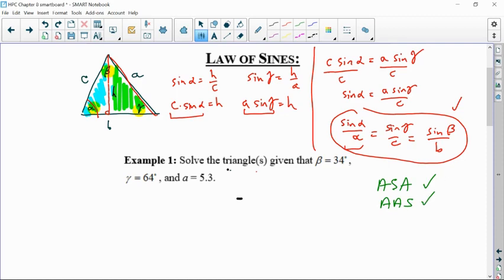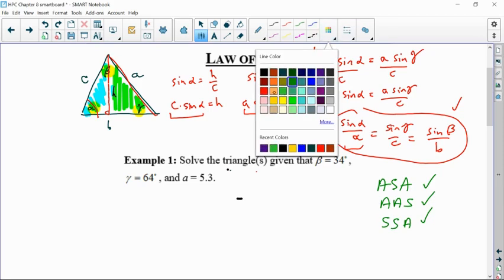If you are given side, side, angle, you can also use law of sines, but this is what we're going to call the ambiguous case. So I'm going to put a little asterisk by that one, and that's going to come up in this video, I'm sure of it.